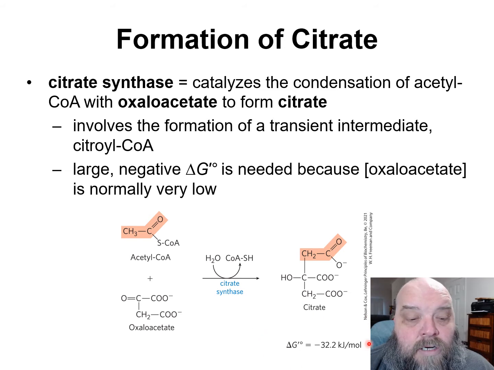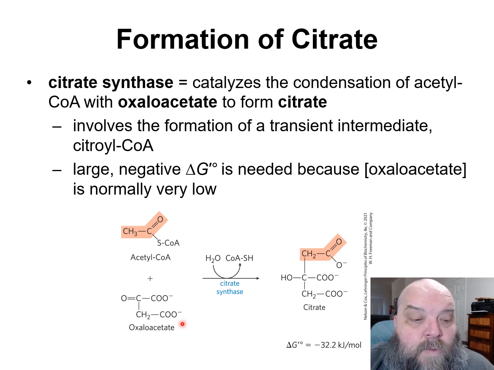The delta G here is negative 32.2. This is an extremely exergonic reaction. We need this to be this low because the concentration of oxaloacetate is actually kept relatively low in the mitochondria.